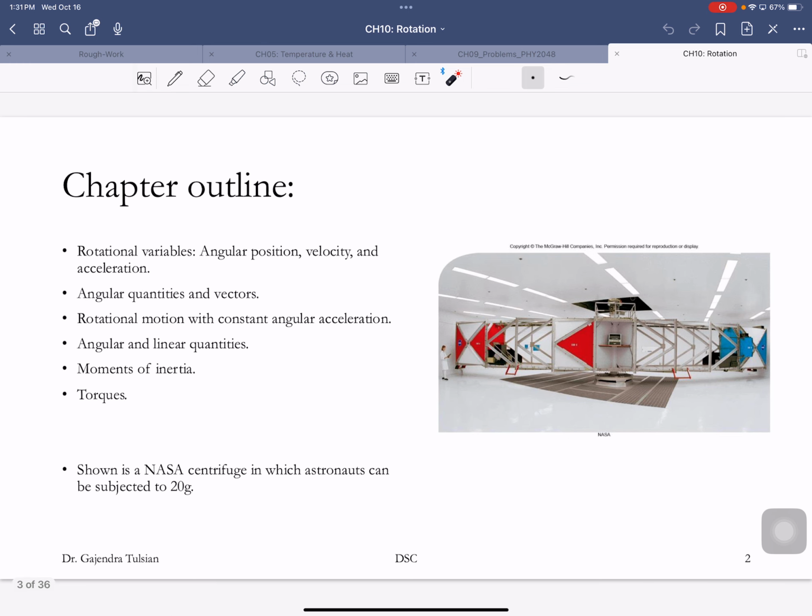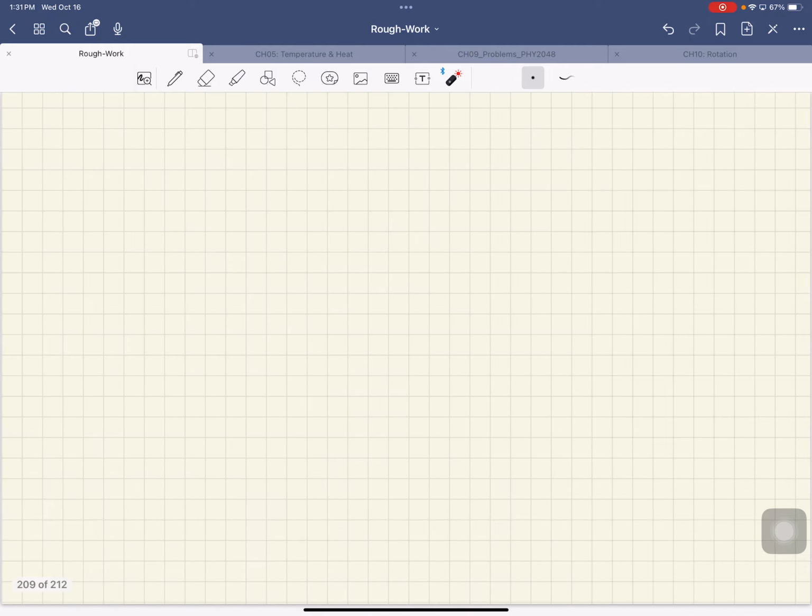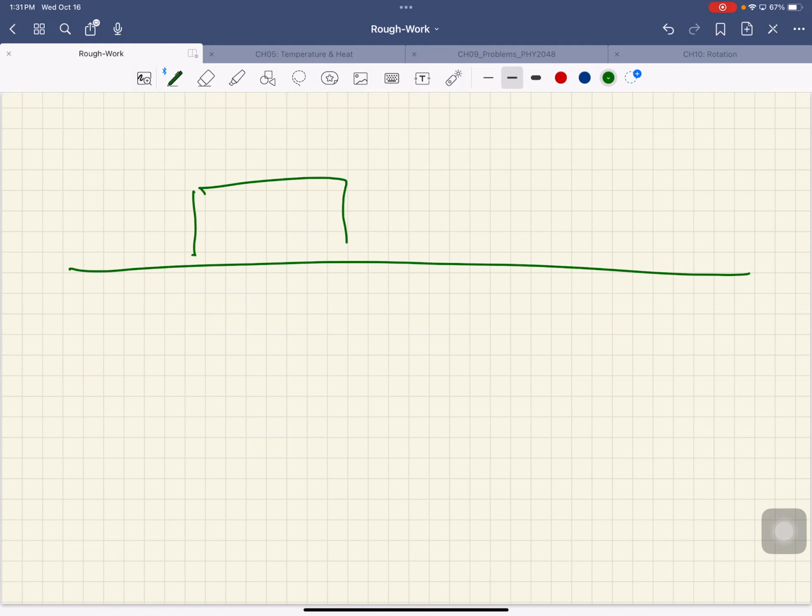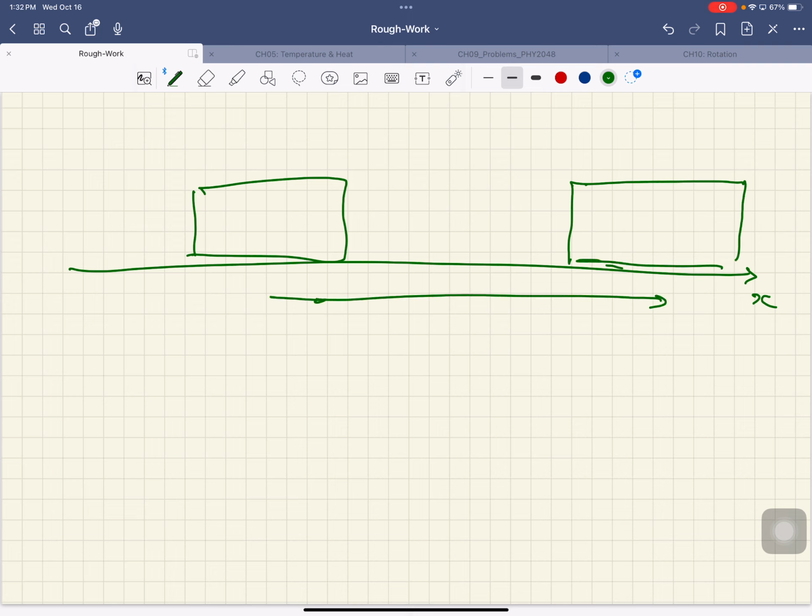All right, let's go back to this guy. When we were talking about this big car, let's say this car went from here to there. It traveled 10 meters. What distance did this point travel? 10 meters.